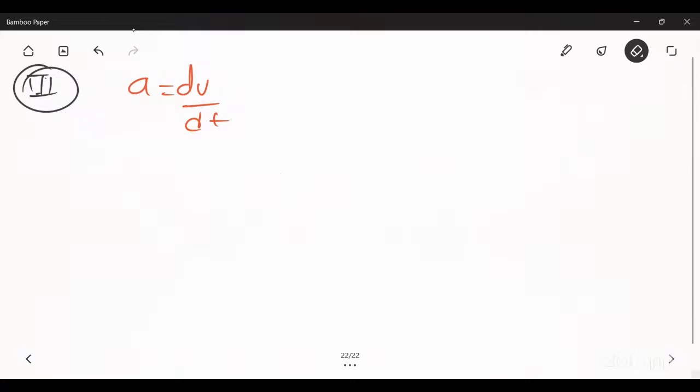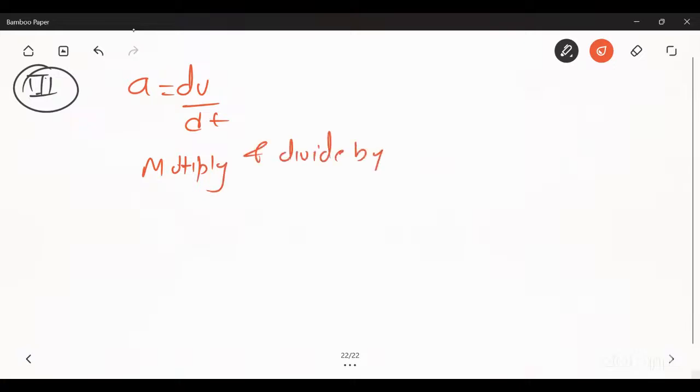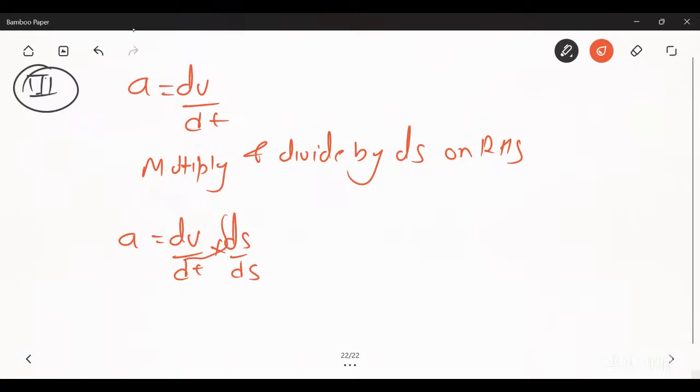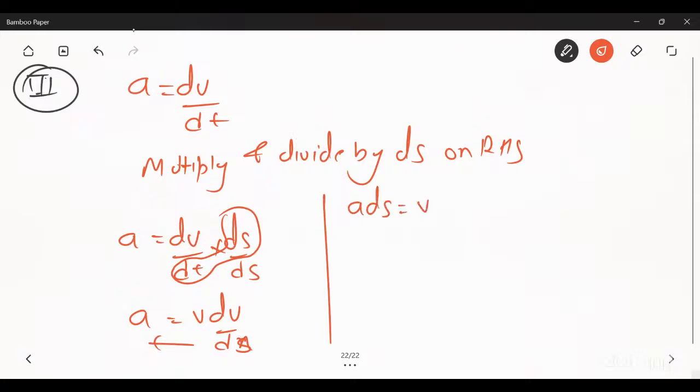We have to multiply and divide by ds on the RHS. So a is equal to dv by dt into ds upon ds. Now ds upon dt is displacement upon time, which is equal to velocity. So a is equal to v dv by ds. If you cross multiply, you will get a ds is equal to v dv.